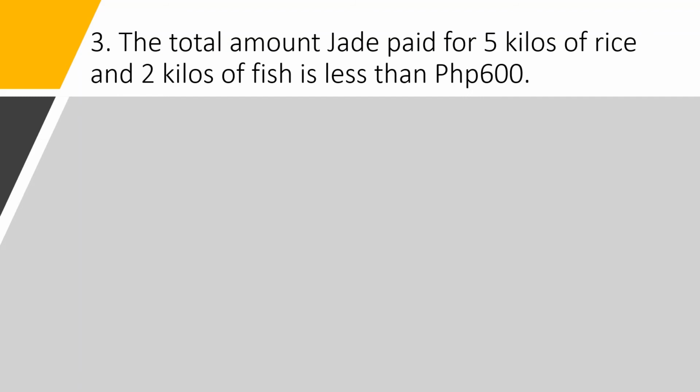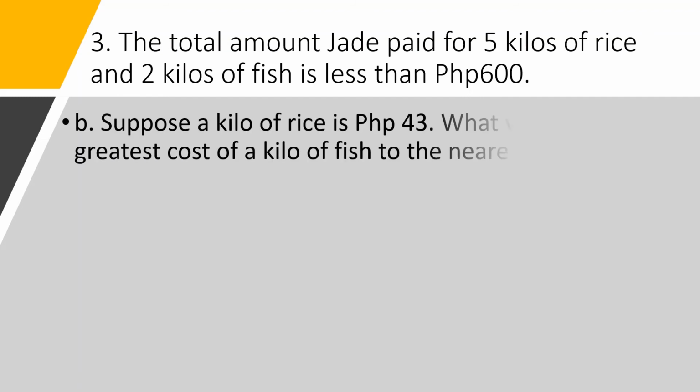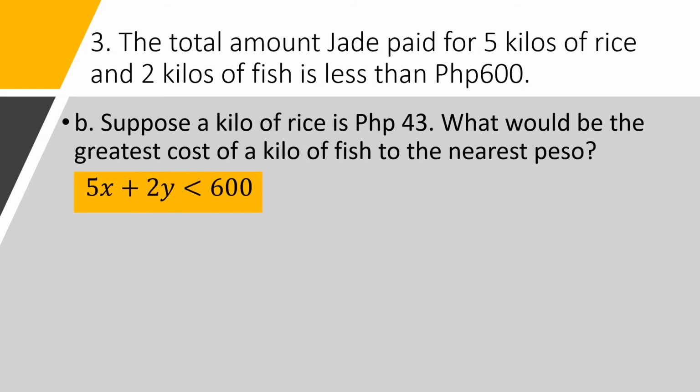So, let's now answer question letter B. Suppose a kilo of rice is 43 pesos. What would be the greatest cost of a kilo of fish to the nearest peso? So, we will use the inequality 5x plus 2y is less than 600.